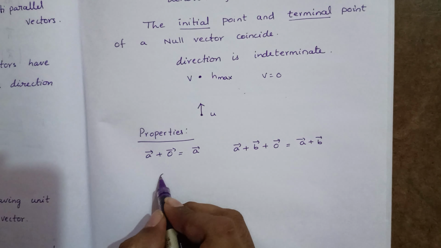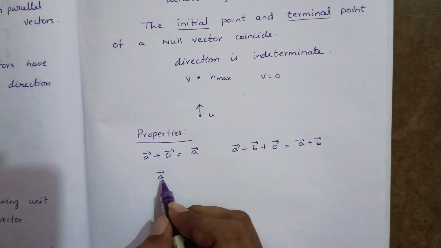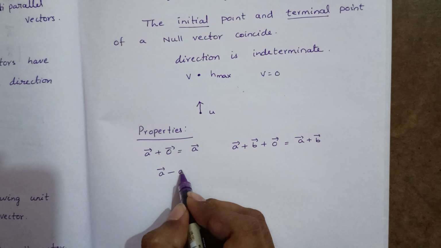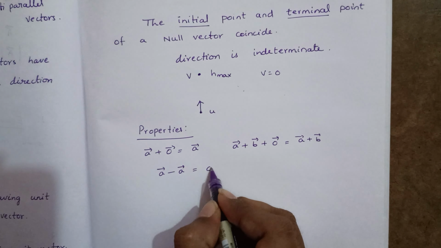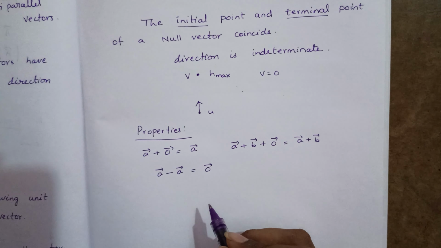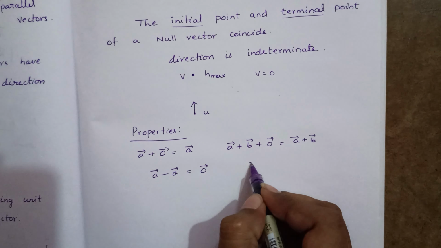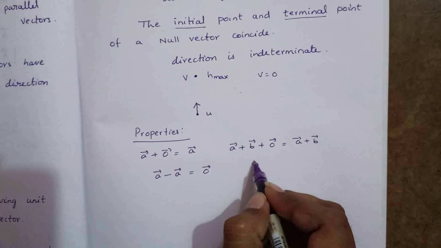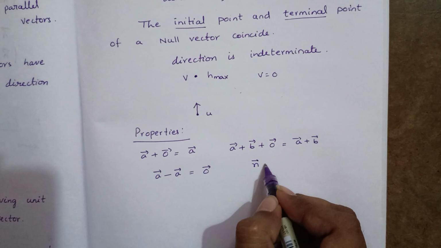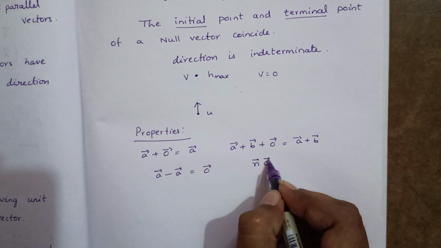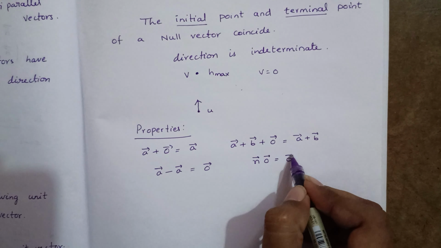If a vector is subtracted from itself, it gives a null vector. If you take the product of a vector with the null vector, it gives a null vector.